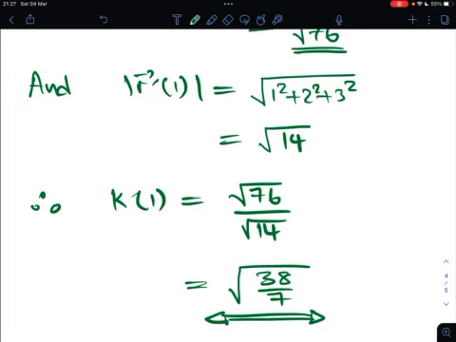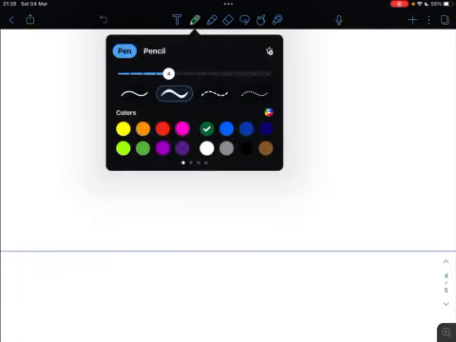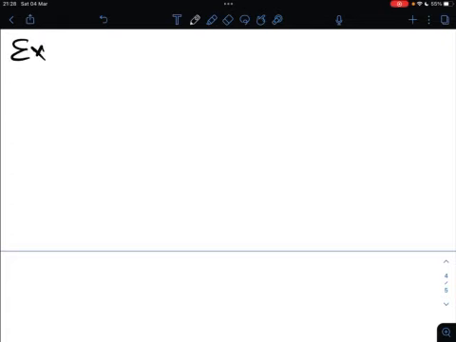Now let's look at another example, because one example is always not sufficient to get exactly what's going on. Let's look at another problem, which is a bit tougher or trickier than the previous one.